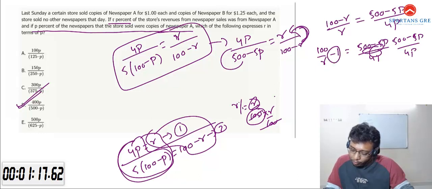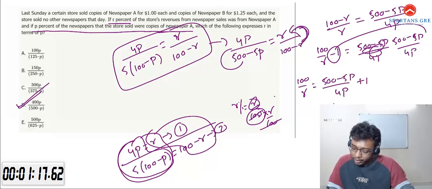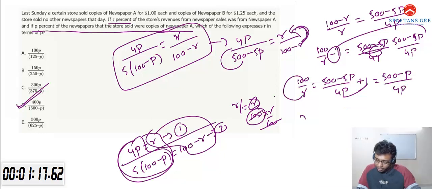Now if I send one this side, so this will be 100 by r equal to 500 minus 5p by 4p plus 1, right? Now you add this one, it will be 500 minus p by 4p. Now if you inverse this again, it will be r by 100 equal to 4p by 500 minus p, right?